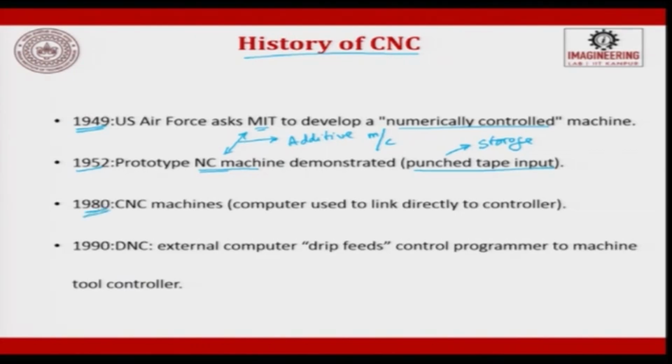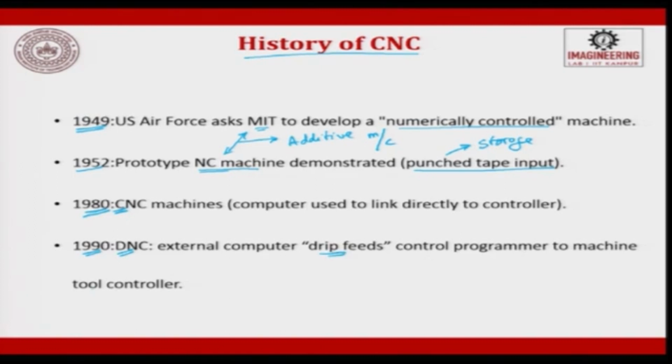In 1980, the NC became CNC. Computer used to link directly to controller was developed and demonstrated in 1980. In 1990, there came a new terminology called DNC, which is nothing but drip feed control, programmer to machine tool controller.